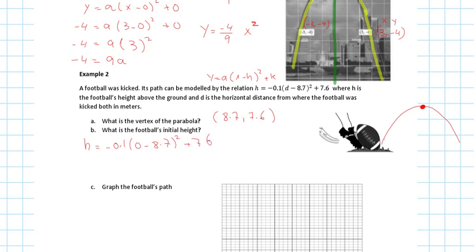BEDMAS says I have to do my brackets first, then my exponent. So if I do the bracket, that's going to be negative 8.7 squared, and then multiply by negative 0.1 and then add 7.6, and that gives me 0.031 meter.